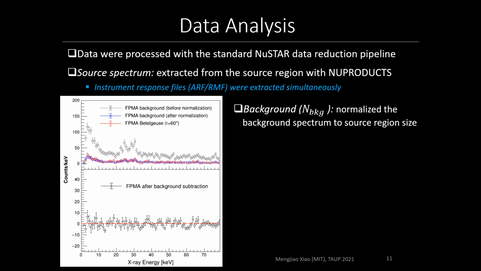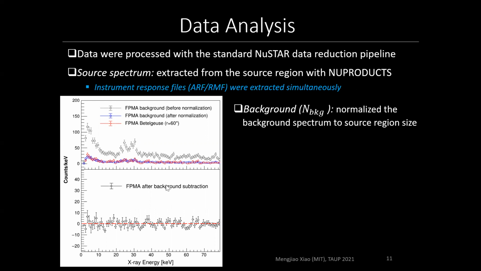For the source region, the instrument response files were extracted simultaneously. As mentioned earlier, these files were used to calculate the predicted axion photon flux. To count the expected backgrounds, we normalize the background spectrum to the source region.